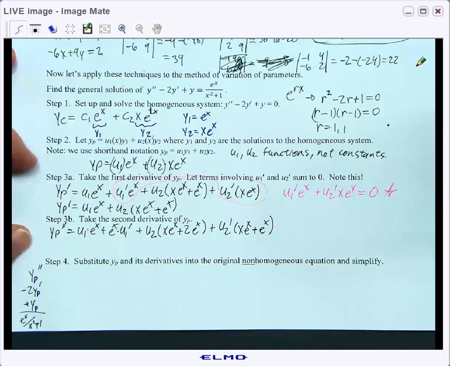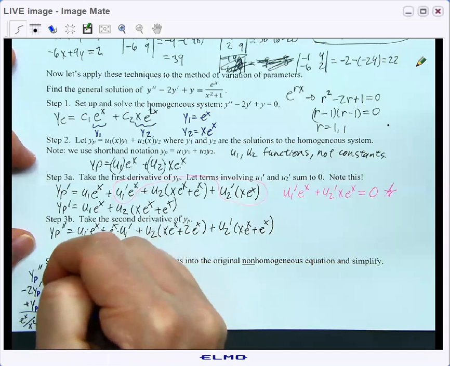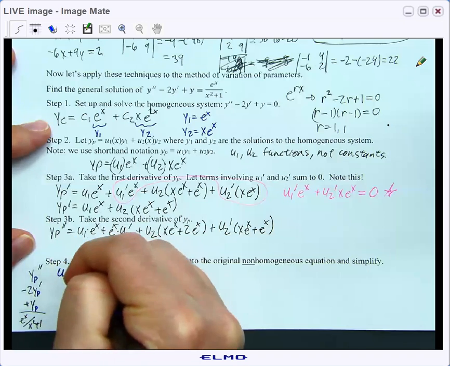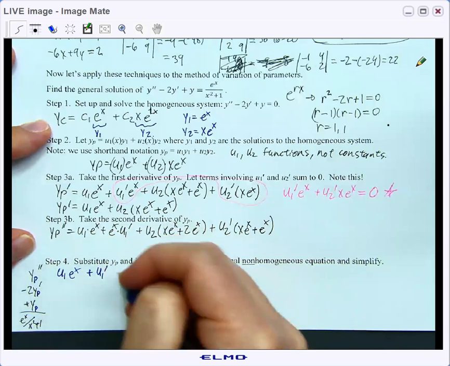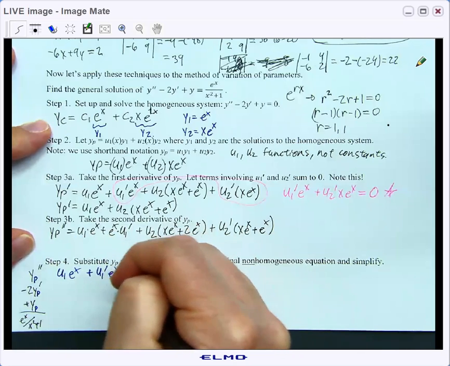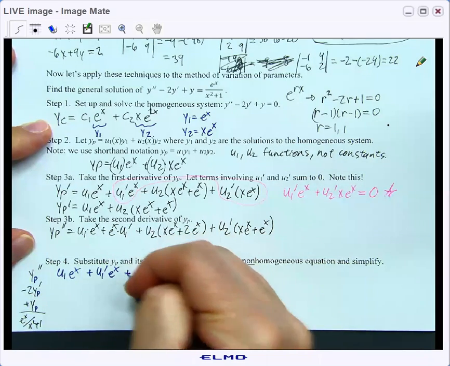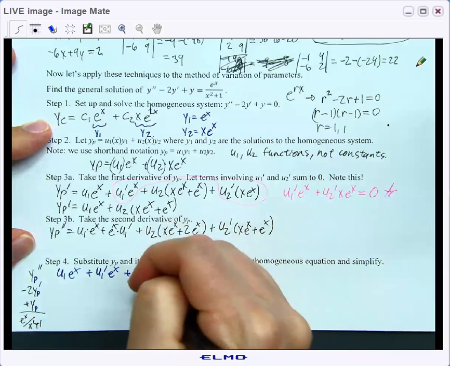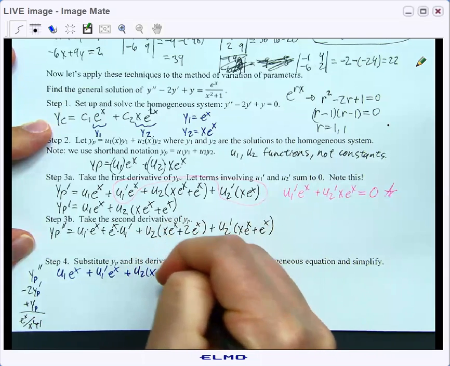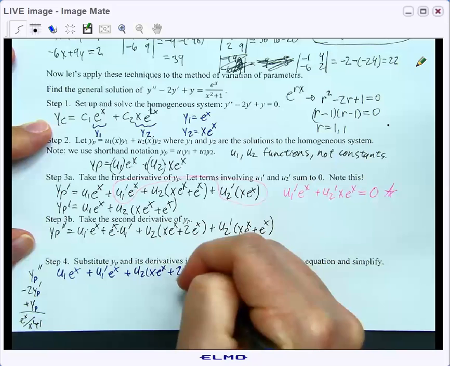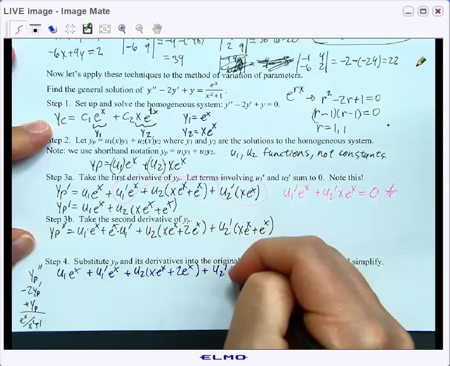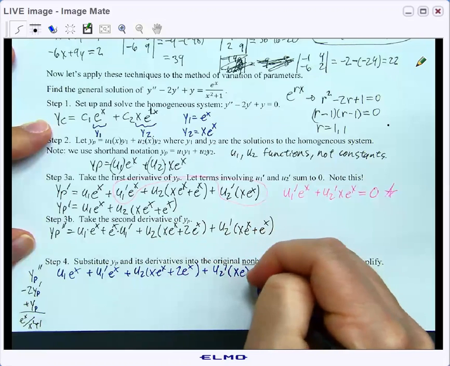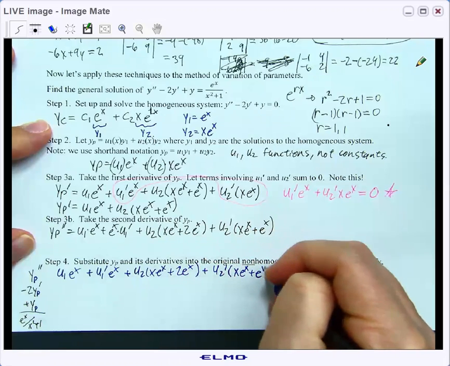Therefore, y sub p double prime is u sub 1 e to the x plus, I'll write the u1 prime e to the x, plus u2 times x e to the x plus 2 e to the x plus u2 prime times x e to the x plus e to the x.